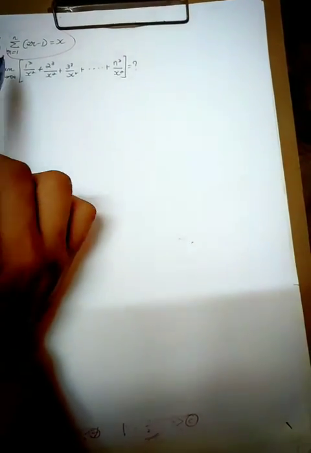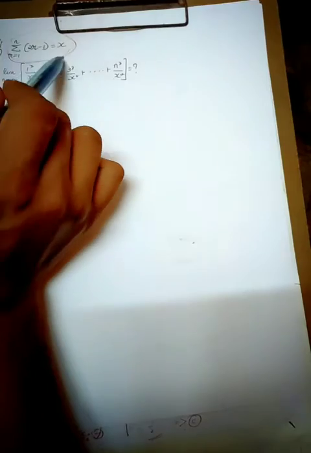So the first thing you need to know is the formula for the summation of this term. That one formula I had already given you all, if you remember. So please go through that formula list once again and see if you can find a formula similar to this one.